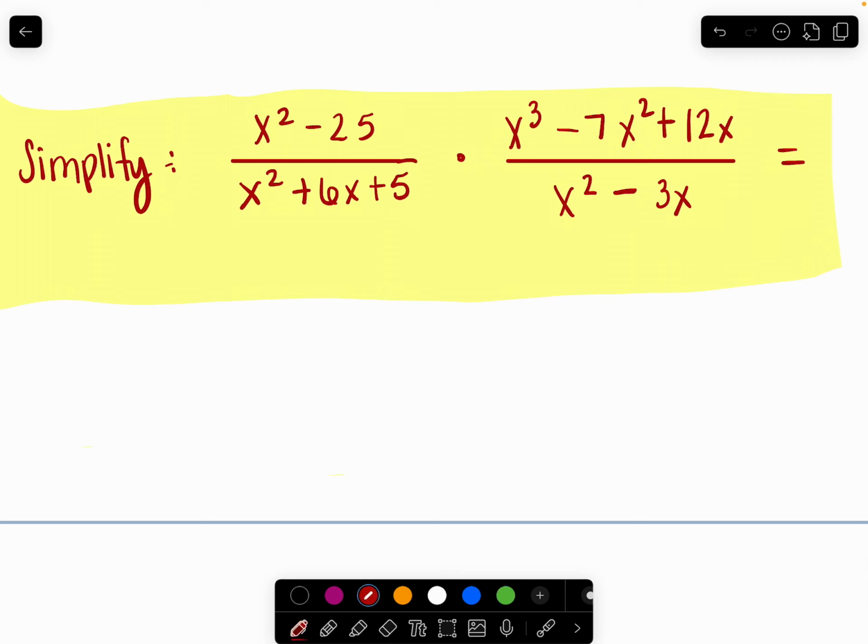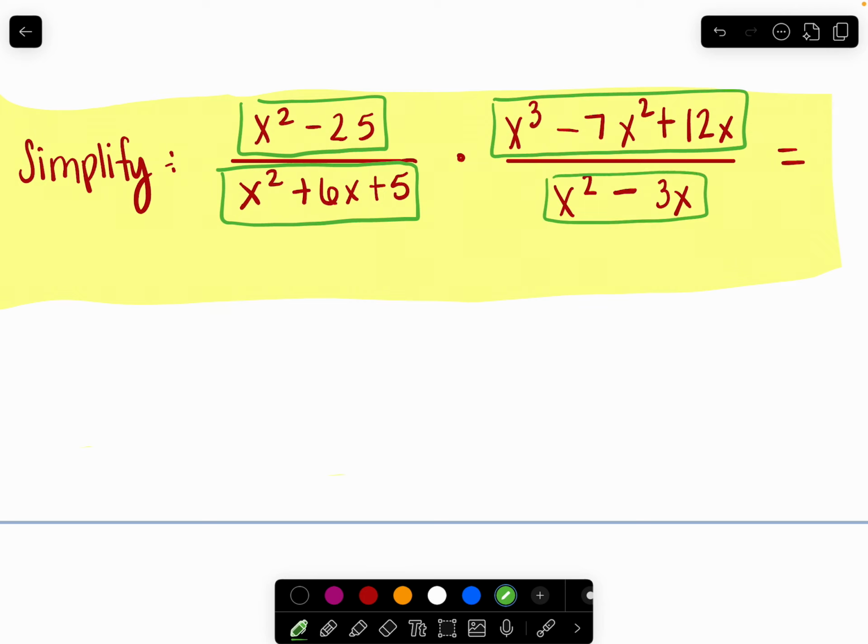So remember, when there's a minus or a plus separating it, that means they are together. So let's put a box around these. That means they are together.